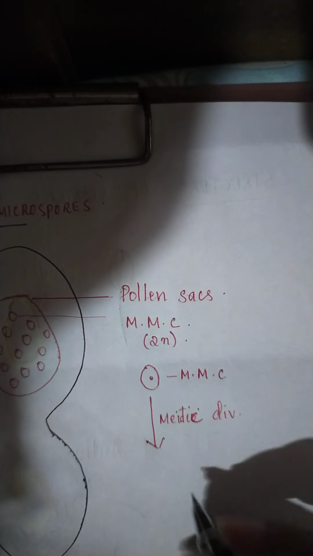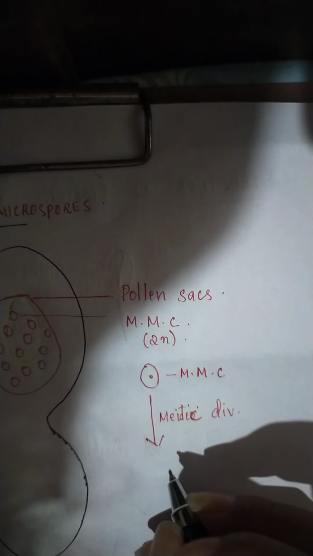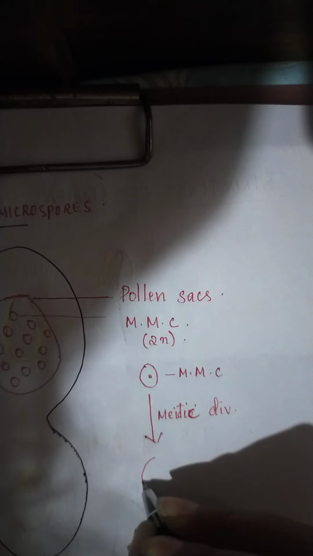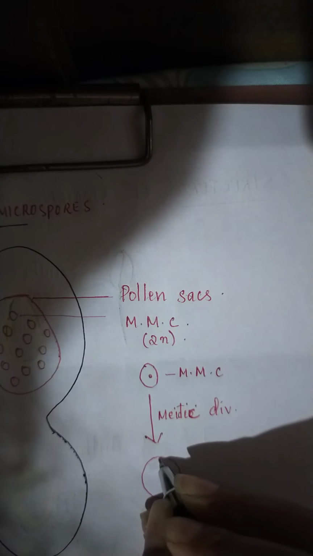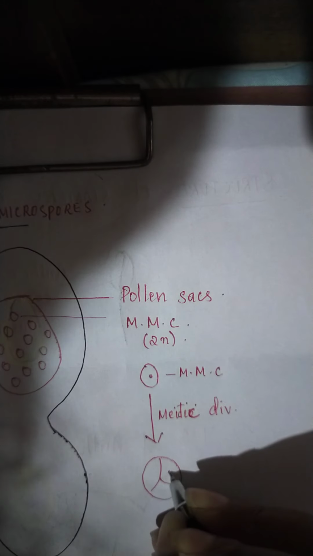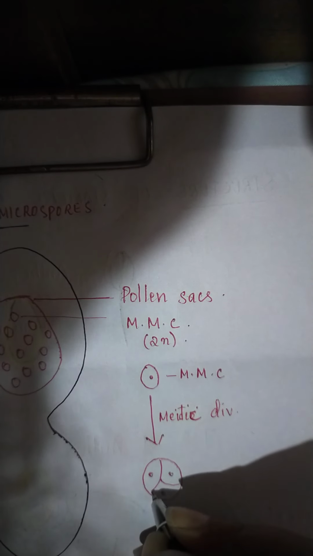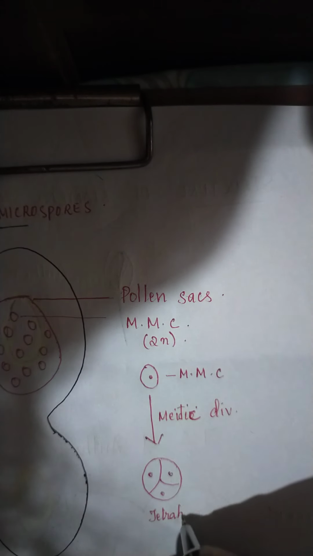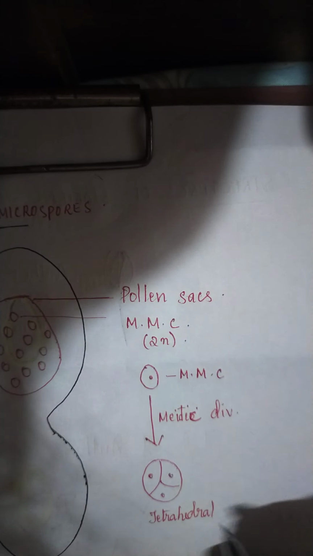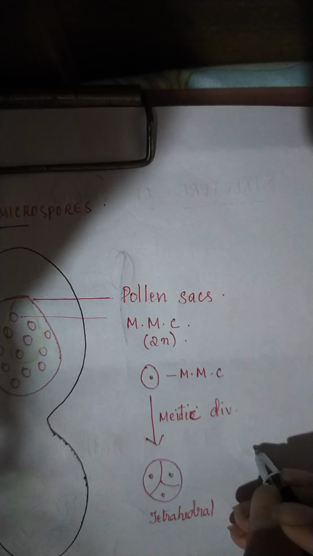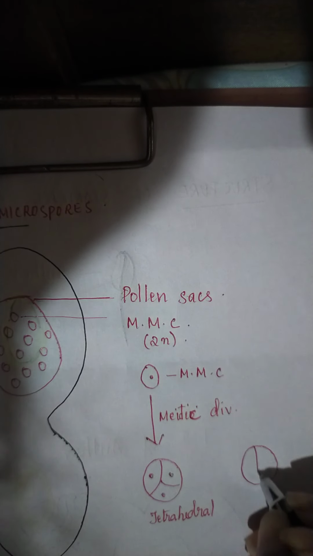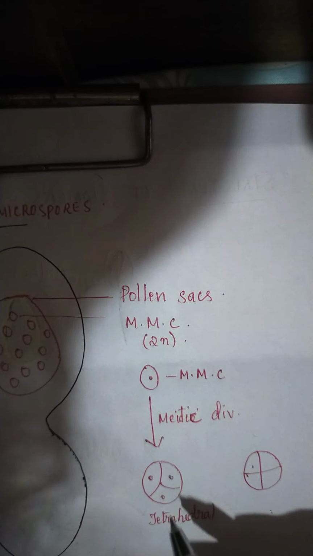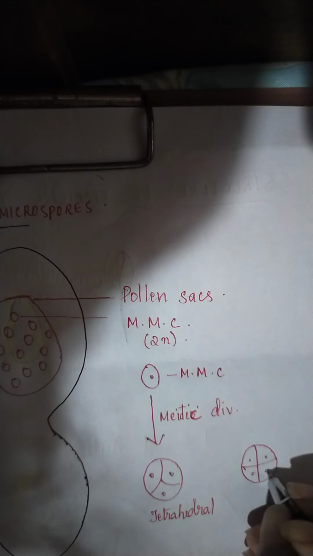So we will draw the arrangements of the cells which we mostly find. The first one is the tetrahedral. The second one is the isobilateral.